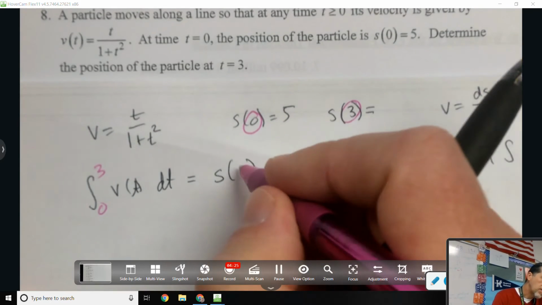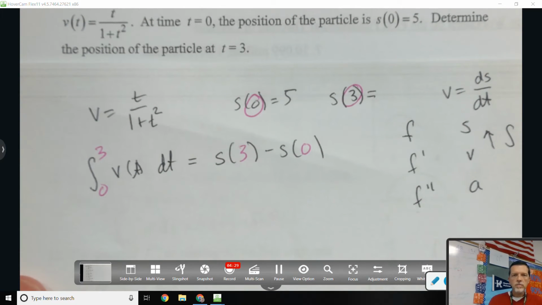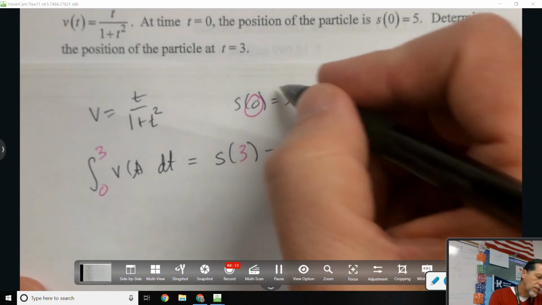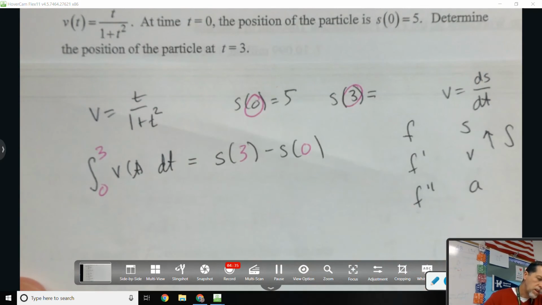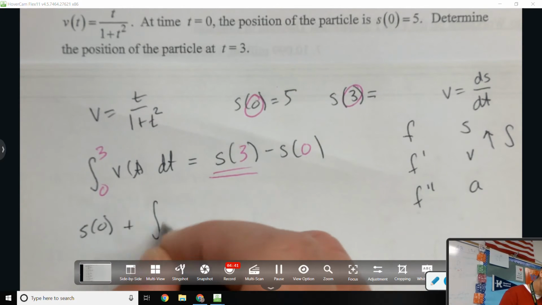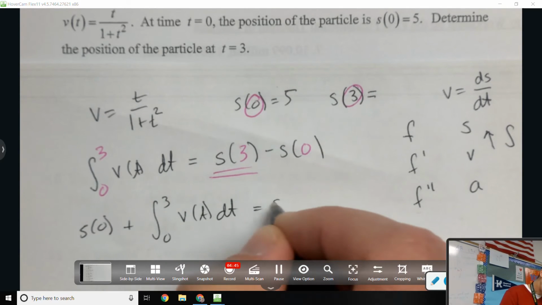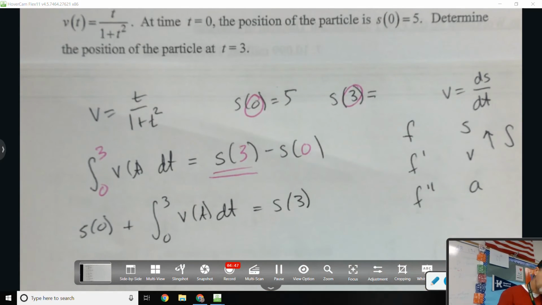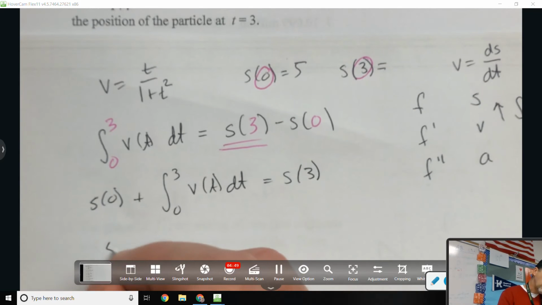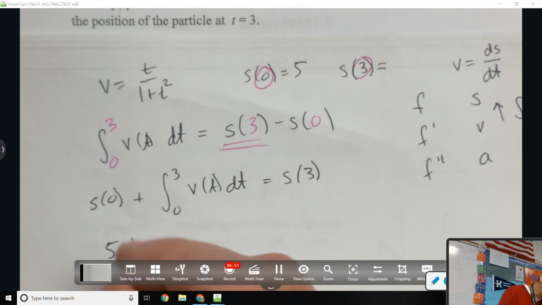So s of 3 minus s of 0. S of 0 is 5, so s of 3 is what we're looking for. So if I move s of 0 over, we know s of 0 is 5. That integral, I don't know, plus.